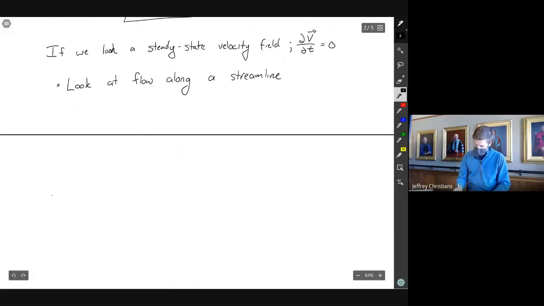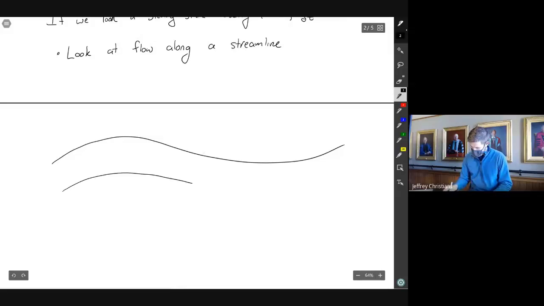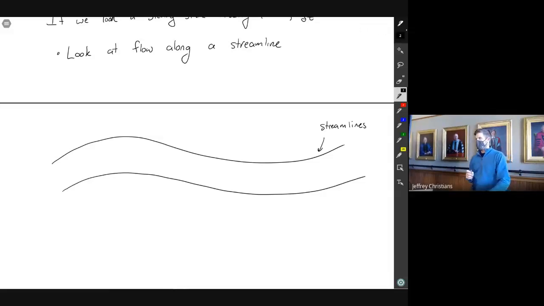So we have some streamline there. Those are our streamlines. Right, these are not changing in time because it's steady state flow. We're going to be looking at a fluid particle as it moves along that streamline. And we're going to define a weird coordinate system, based on the particle.